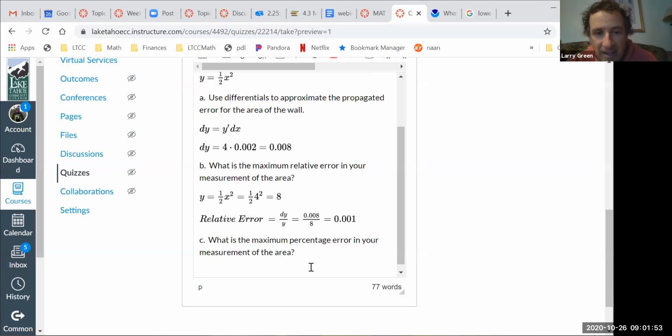The percent error is equal to 0.001 times 100%, which is equal to 0.1%. And that is the percent error in the measurement of the area.